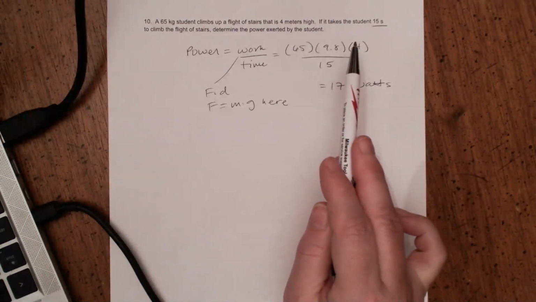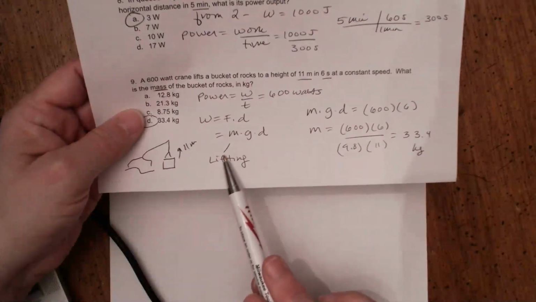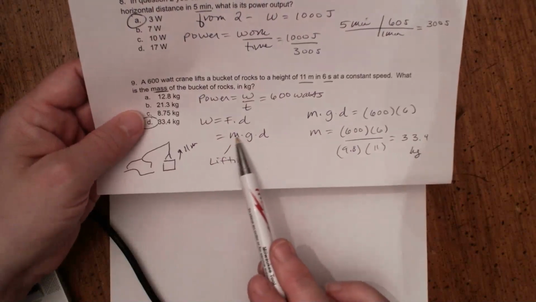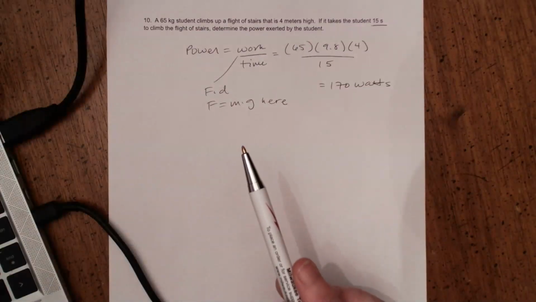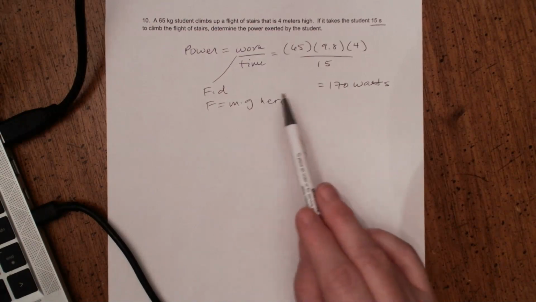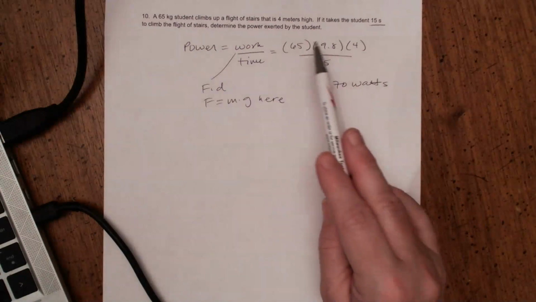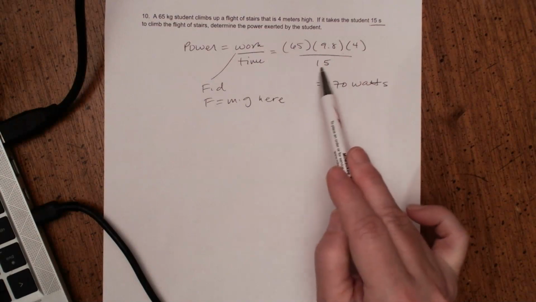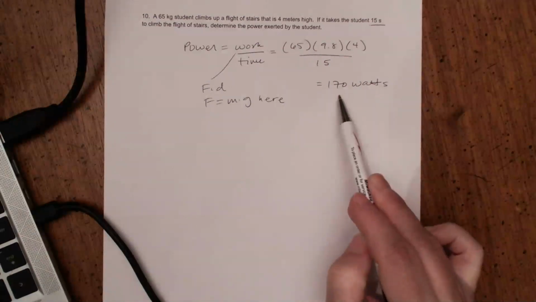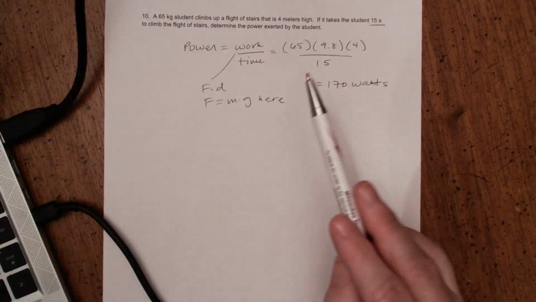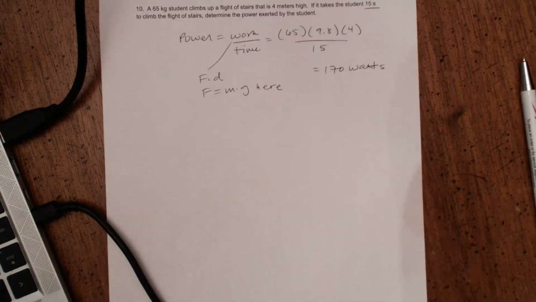Again, that's the same as what we just used here. Work when you're lifting is our weight. That's our force. And you're really like lifting yourself as you're climbing the stairs. So work divided by the 15 seconds gives me 170 watts. Okay, so that's all the homework.